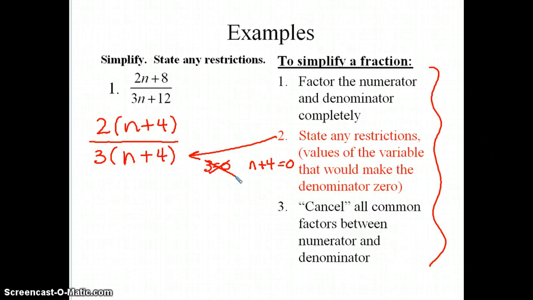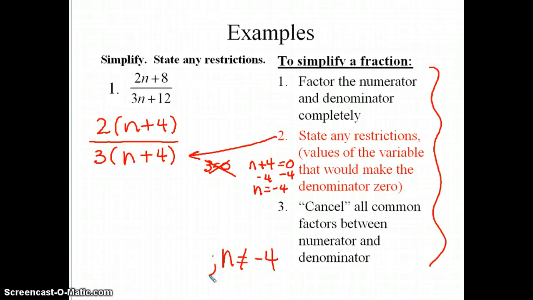But my next expression, n plus 4, may cause a problem. So I'm going to subtract 4 from both sides. n equals negative 4. My restriction now is n cannot equal negative 4. So when I get my final answer, I will also have the restriction written right there.